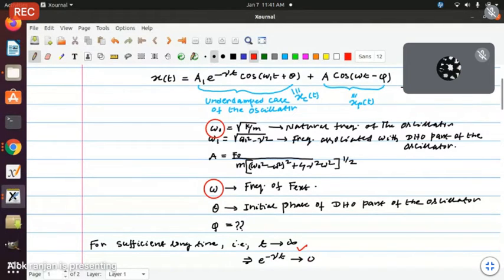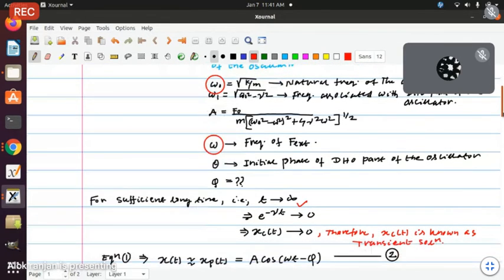So the complementary solution will decay. In a damped harmonic oscillator, the oscillator will finally settle down at the resting position if you wait a sufficiently long time. So the complementary solution will be 0.